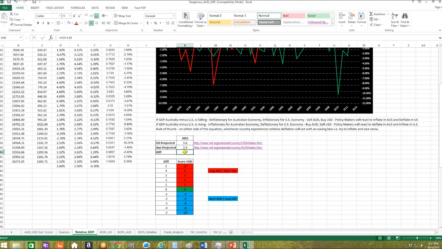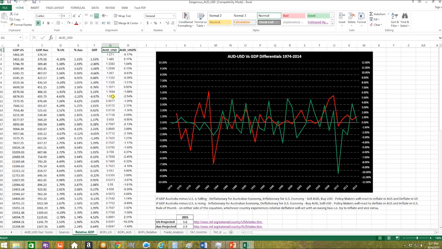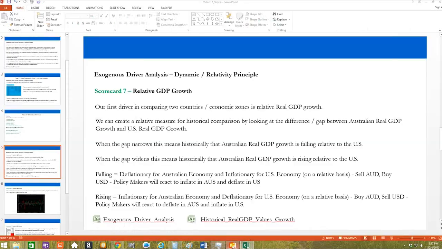Now, obviously, that's narrowed since, so it's been rising. So just bear that in mind as we go back to the presentation, and we'll analyze this from the beginning of March 2015. And we'll go back to the presentation now and see how we build out our scorecard properly when we're looking at this.